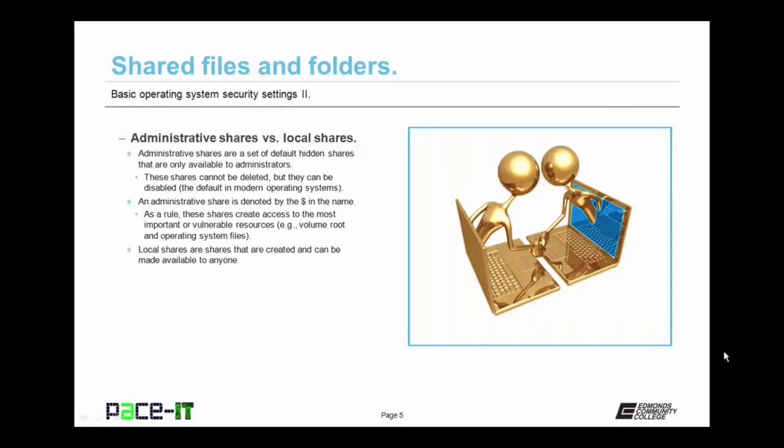An administrative share can be identified by the $ in its name. As a rule, these shares create access to the most important or vulnerable resources on a system, like the volume's root or operating system files. Local shares, on the other hand, are shares that are created and can be made available to anyone.